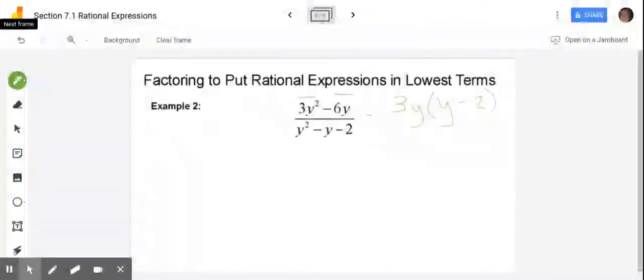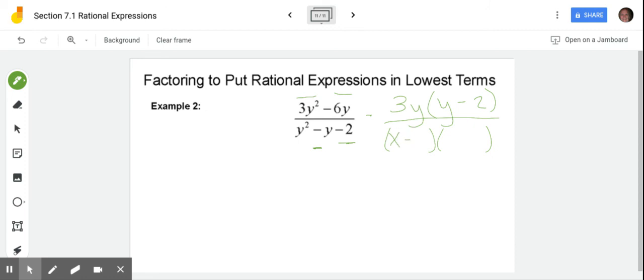When I factor the bottom, I want to find two numbers that multiply to -2 and add to -1. So it's going to be y minus 2 and y plus 1. These are the same factor, so I get to cross them off. 3y over y plus 1 is my answer.